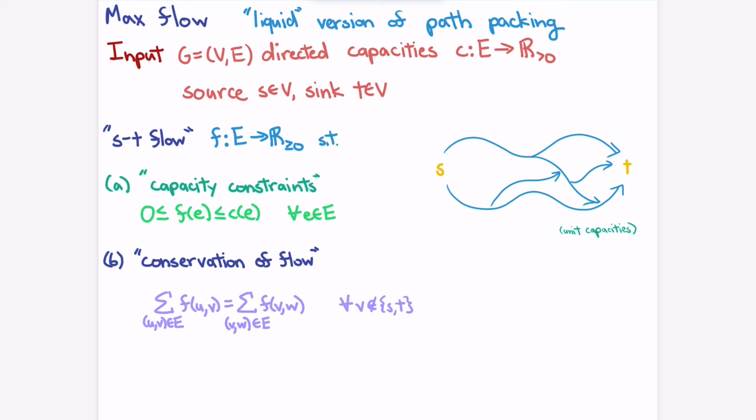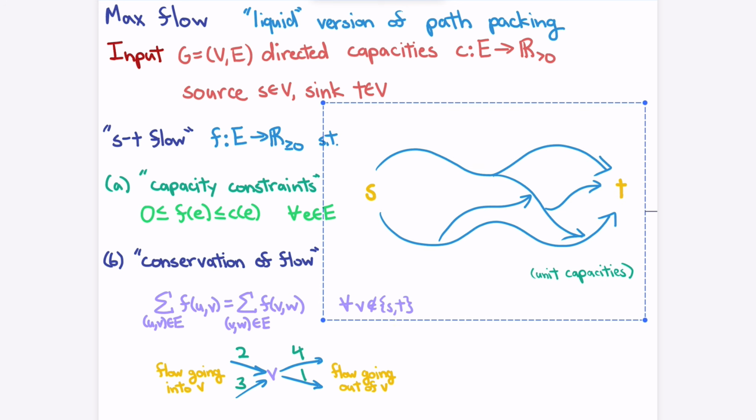Okay, so if I have this vertex V down here, it's saying that if you want to send 2 units of flow on this edge and 3 units on this edge, there's now 5 units of flow going into V. There needs to be 5 coming out. So it could be like 4 and 1 or something. Okay? Those are the 2 rules. So, for example, in this simple picture on the right, I can make it a little bigger.